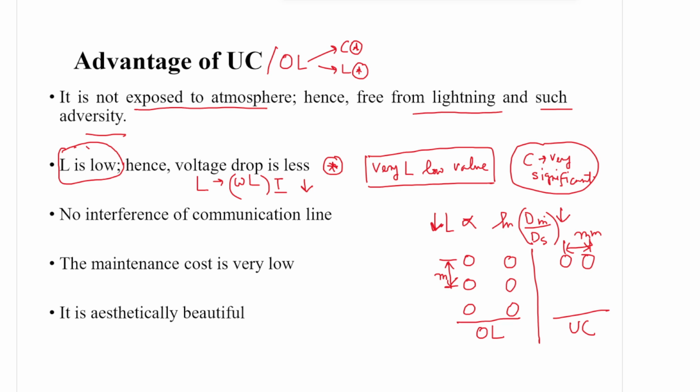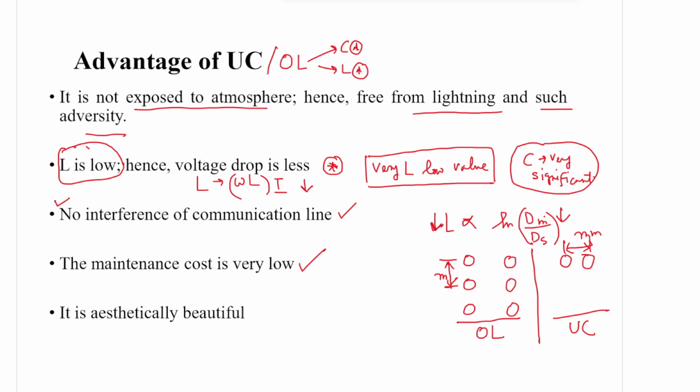Now moving on to the next point, as it is passing below the soil, it is expected to be free from interference from communication telephone lines. Moving to the fourth point, as it is not exposed to the atmosphere, the maintenance cost is expected to be very low.